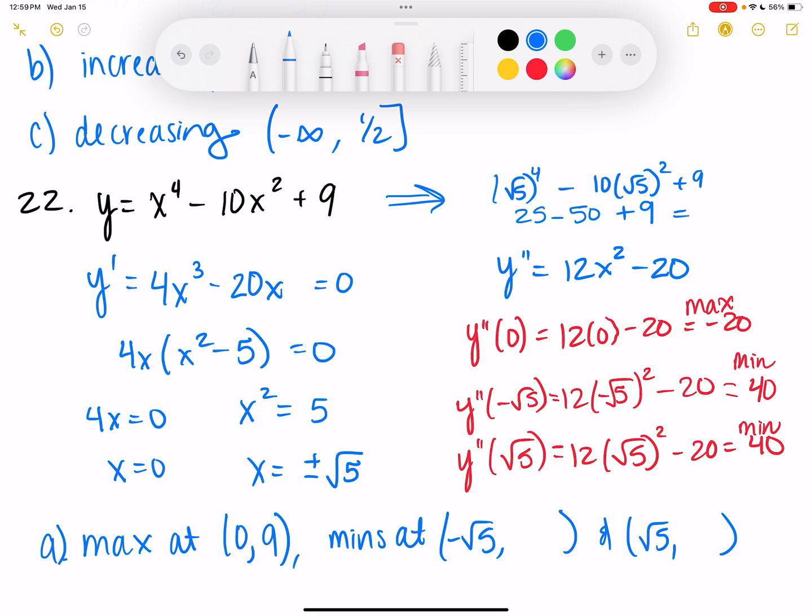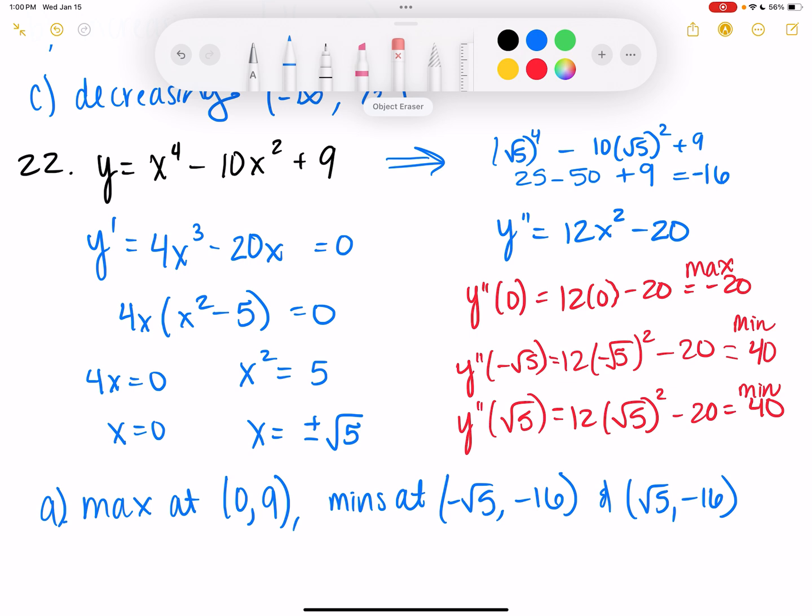Alright, so wait, it's negative 16, not positive 16. So then now I need to figure out where it's increasing.